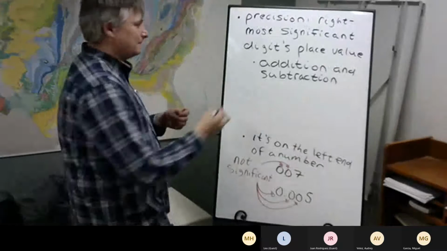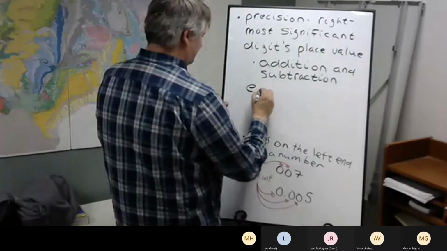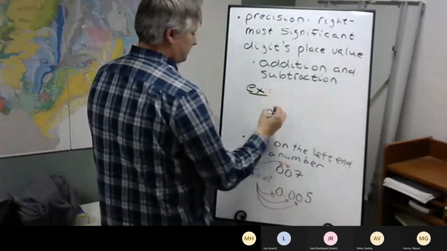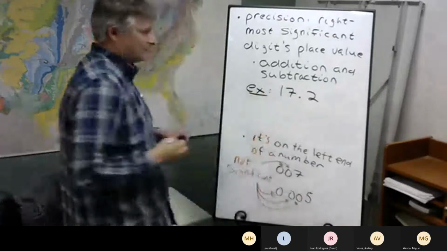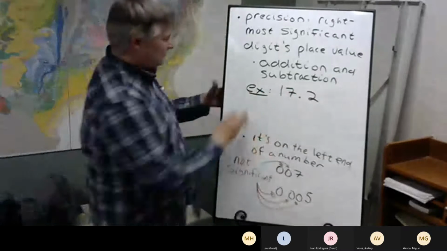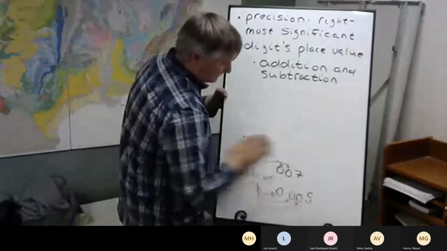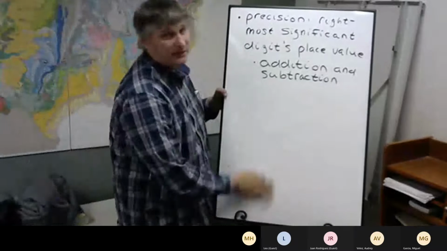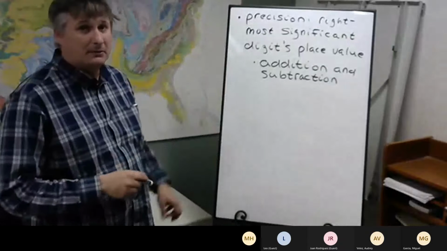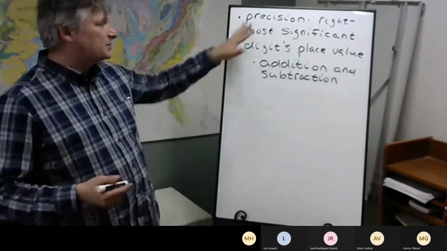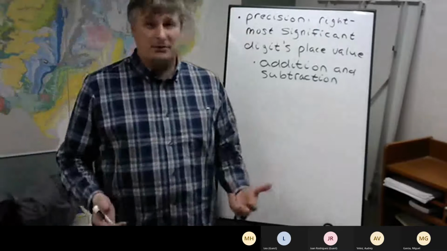So for example, let's say we have this. Oh, before we do that, we'll do a little bit more. Let's take a look at accuracy and go through the precision and accuracy of the numbers at the same time. So precision is about place value of the rightmost significant digit.